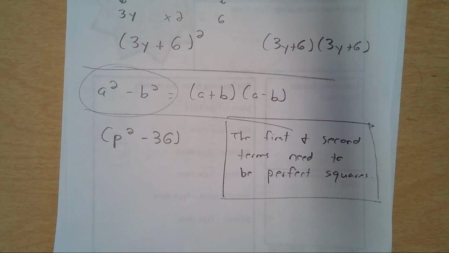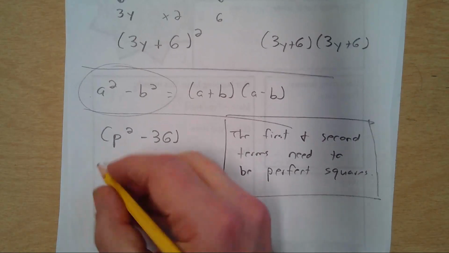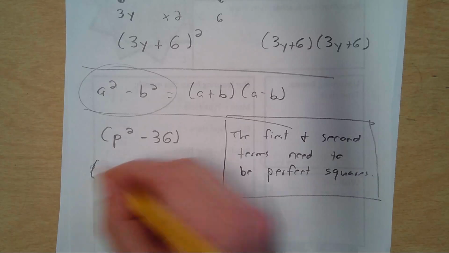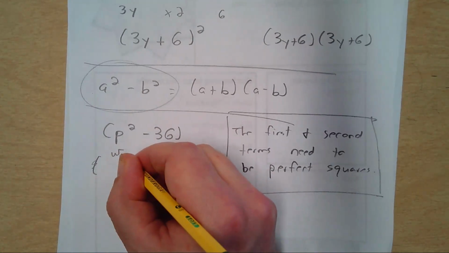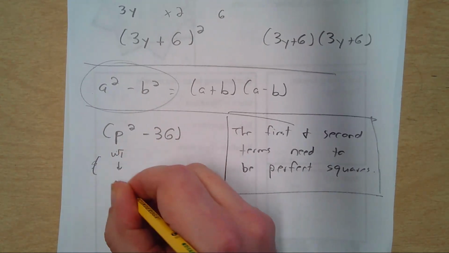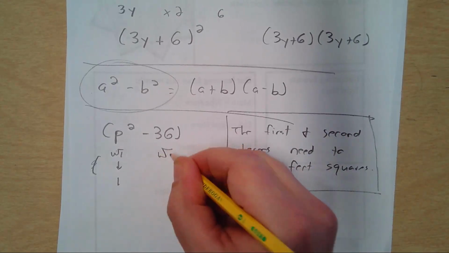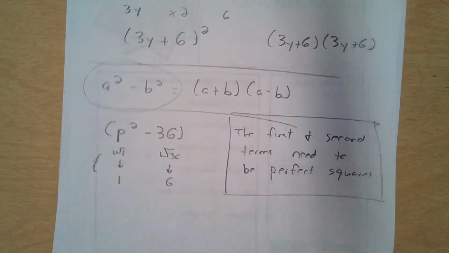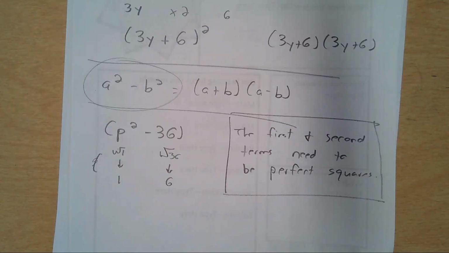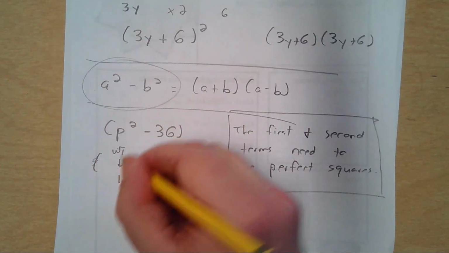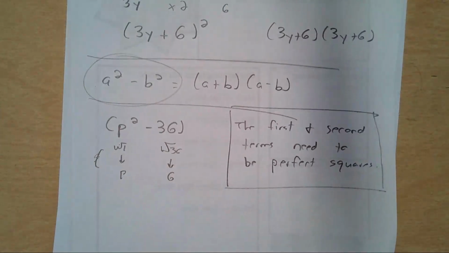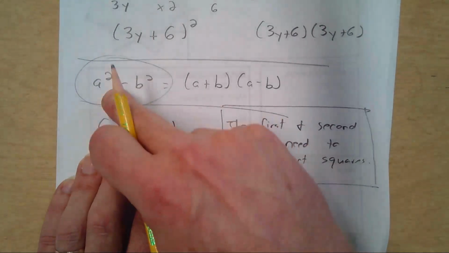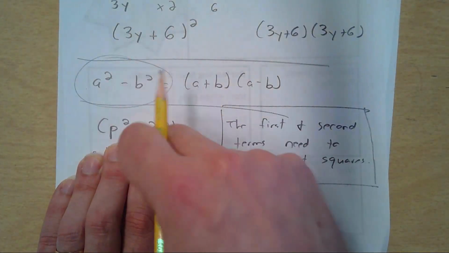And the first and the second terms have to be perfect squares. So basically if I say what's the square root of 1, over here I'd get 1. And then if I said the square root of 36, I would get a 6. Or if I said p squared, then it would just be p over here. So this does meet the format, a squared minus b squared, p squared minus 36.